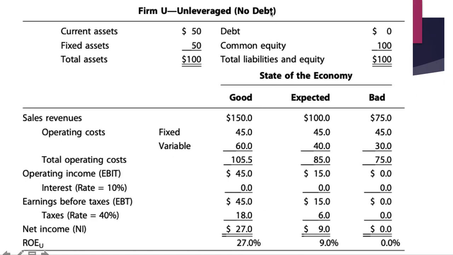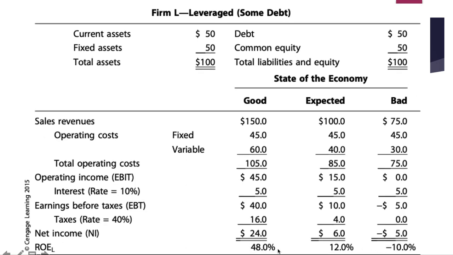Originally we have no leverage and the return is from 0 to 27, but now from minus 10 to 48. So potentially we can get much higher return on equity. However, we can also have a bigger loss. That's the trade-off you should keep in mind when comparing two companies, leveraged or unleveraged. We need to understand the difference in return on equity in both of these cases.